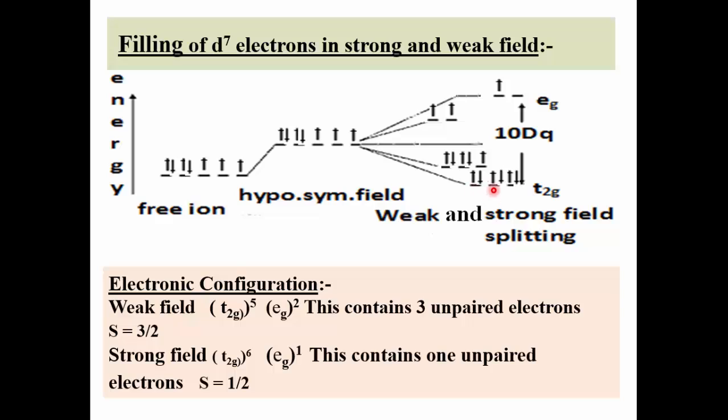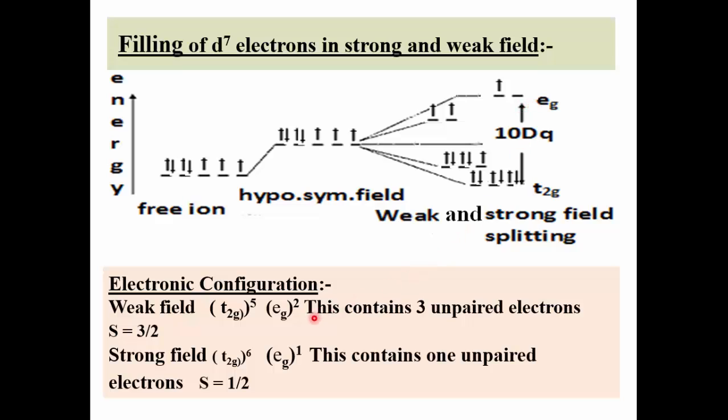First electron, second electron, third electron in T2g orbital, fourth electron does not enter into Eg orbital, it pairs up with first electron in the first T2g orbital, fifth electron pairs up with second electron in second orbital, again sixth electron pairs up with this third electron in third T2g orbital. Of course, as these T2g orbitals are completely filled, seventh electron enters into Eg orbital.